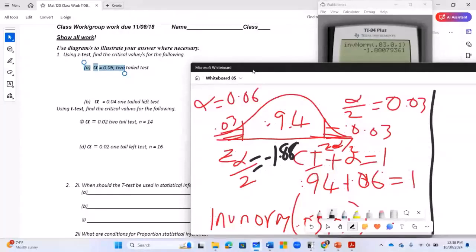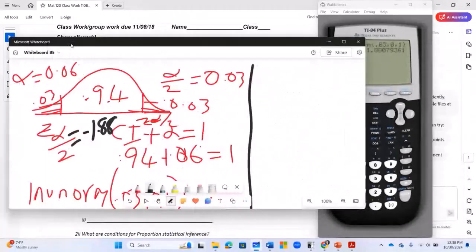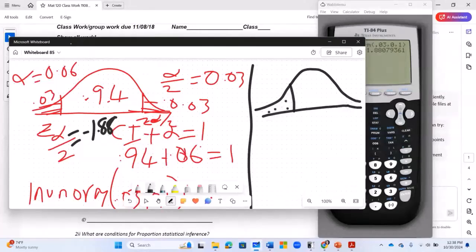I'm not going to divide alpha by 2 because it's a one-tailed test. I'm just going to draw a normal curve, show area to the left, and that is 0.04. Therefore, I will only find z alpha, not z alpha over 2.